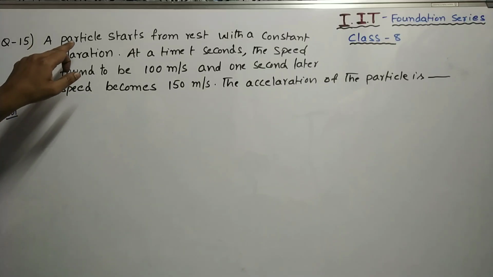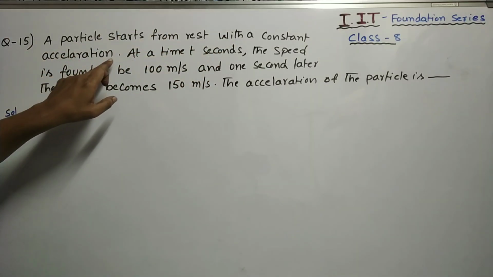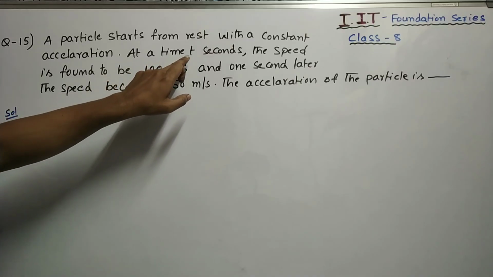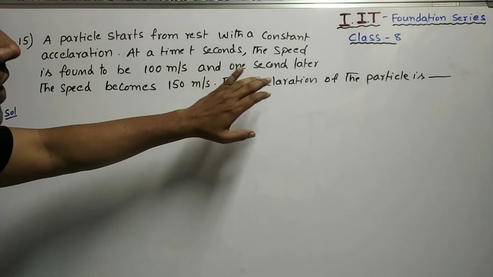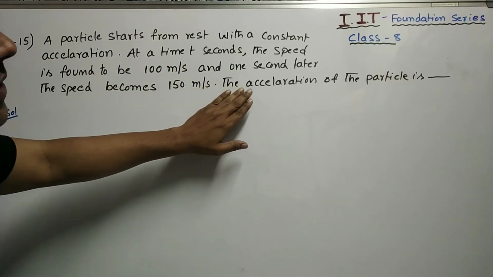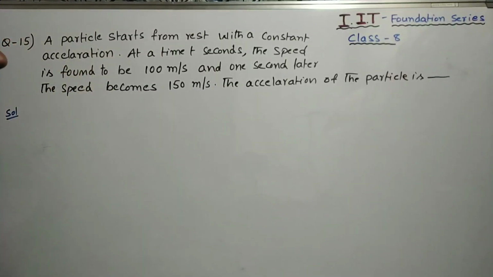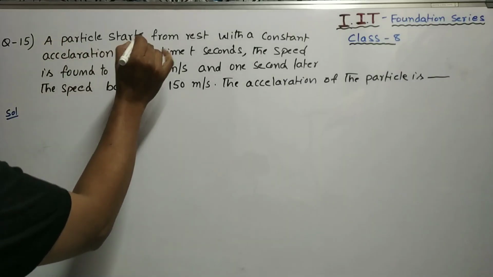The 15th question. A particle starts from rest with a constant acceleration. At a time t seconds, the speed is found to be 100 meter per second, and 1 second later the speed becomes 150 meter per second. The acceleration of the particle is asked. You see what is happening? A particle starts from rest.